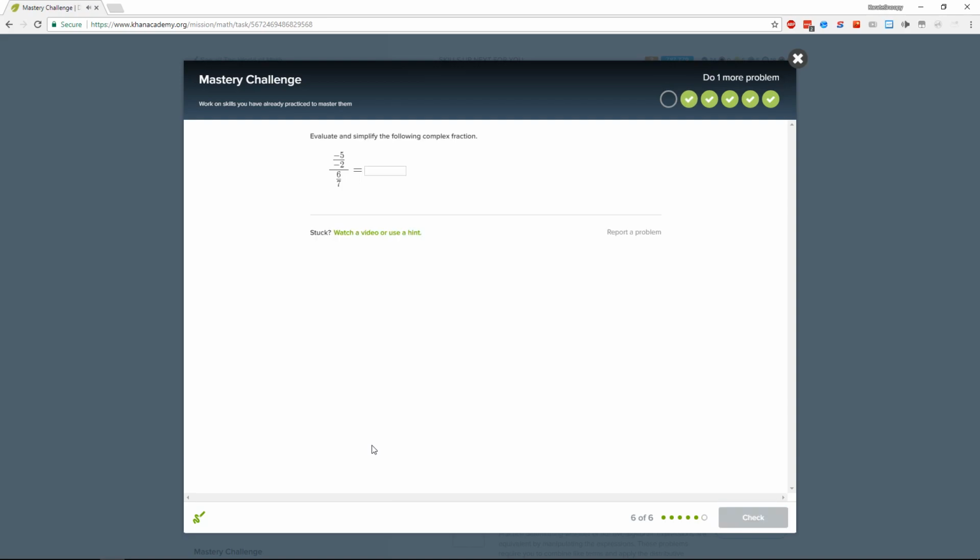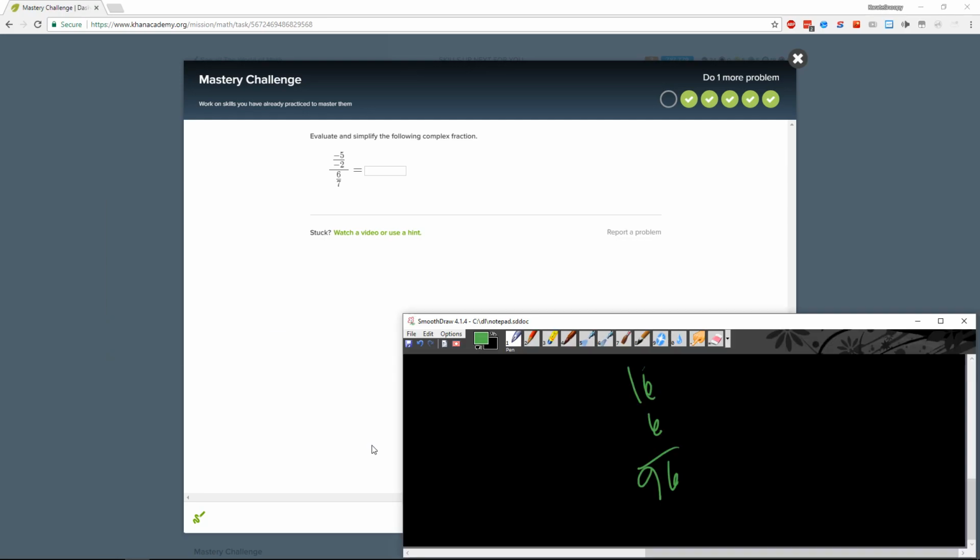Evaluate and simplify in the following complex fraction. 5 seconds times 7 6 equals 35 twelfths.